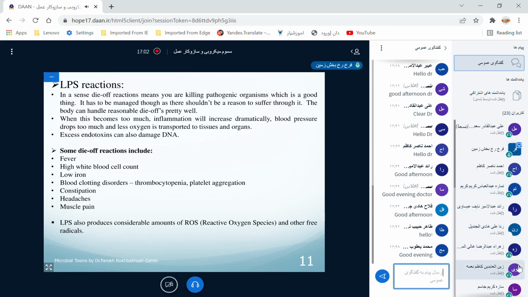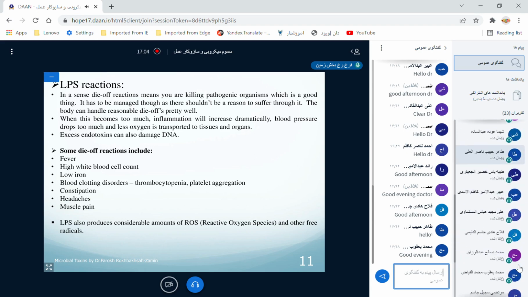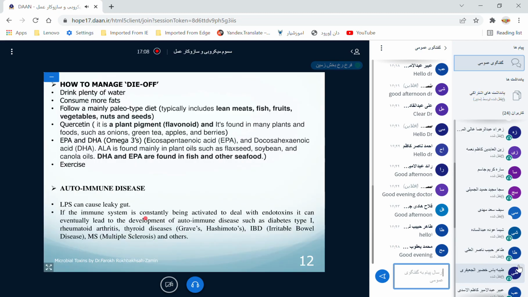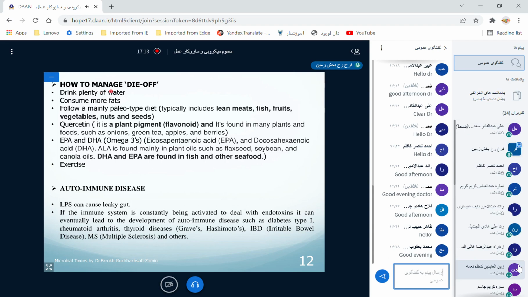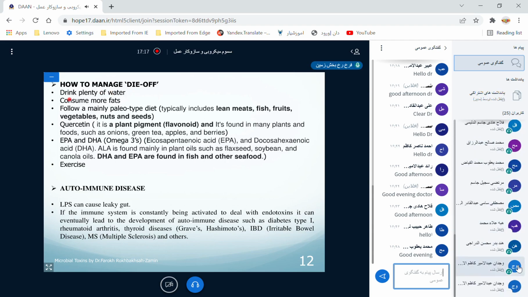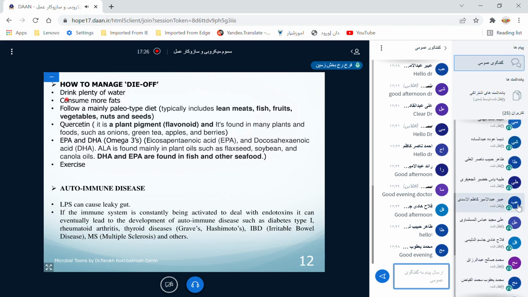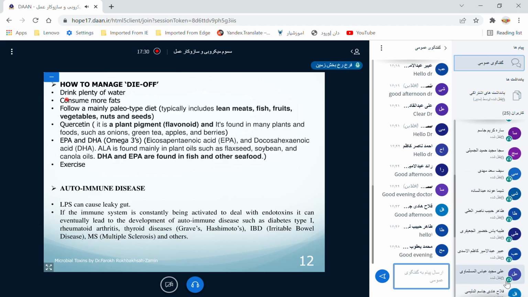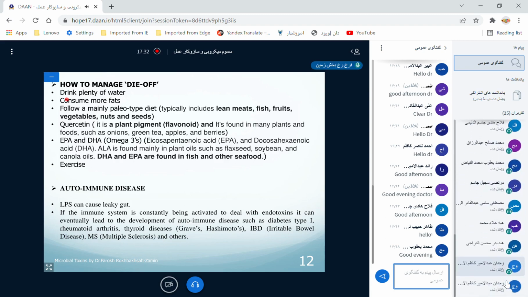For minimizing the die-off reactions, we should understand how to manage this die-off. When a person is in the hospital with a heavy gram-negative infection and physicians are using antibiotics, the patient should do something more. Like what?